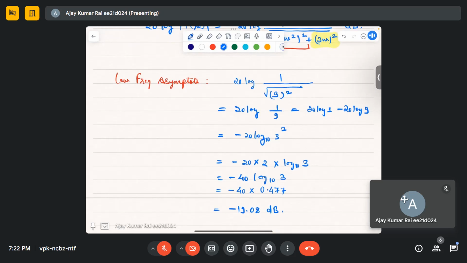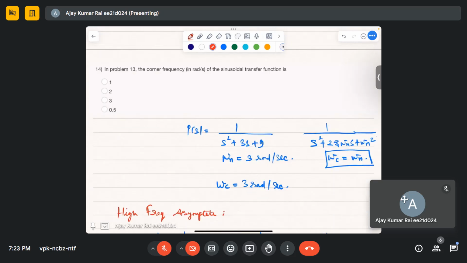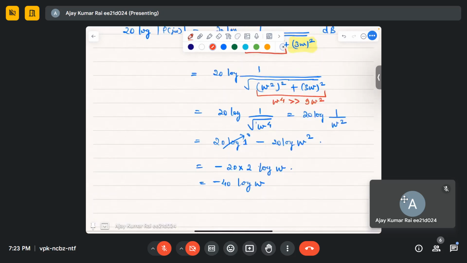Because we'll be comparing these two asymptotes, right? 20 log of 9. Let me just compare this value, minus 20 log of omega square.